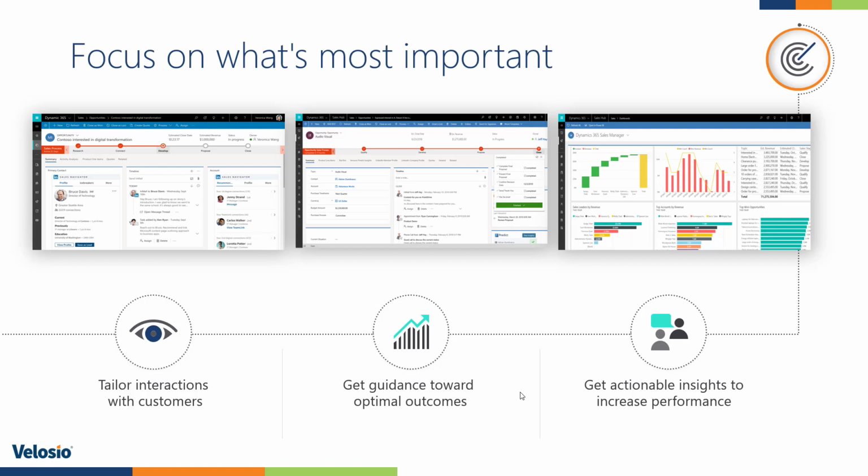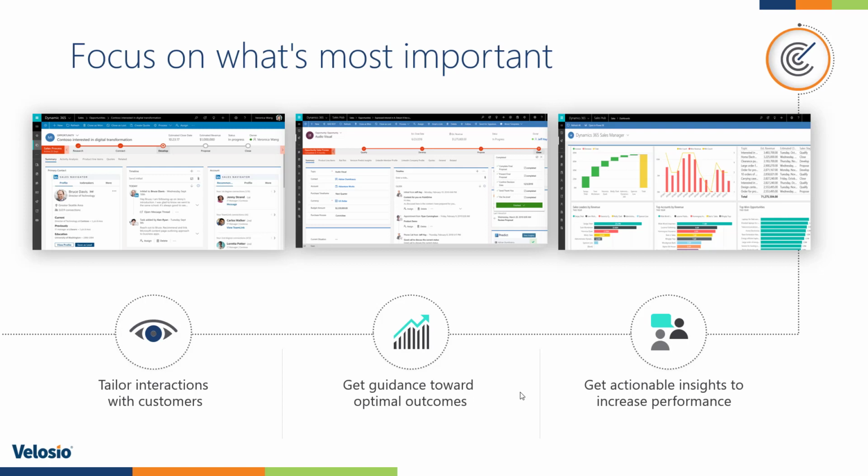And then, to prevent distractions, organizations need to narrow down the optimal choices for sellers. And with Dynamics 365, sellers can get guidance towards optimal outcomes. Directly inside the sales records they're working on, sellers get to see specific steps needed to move the deal forward.